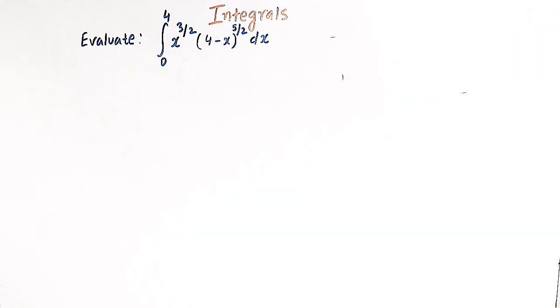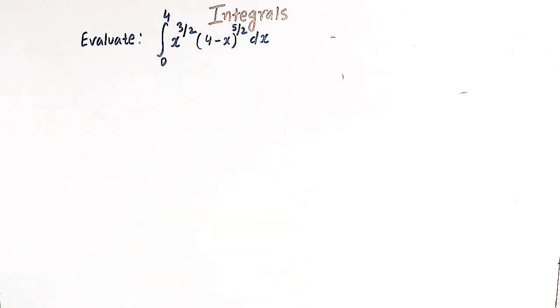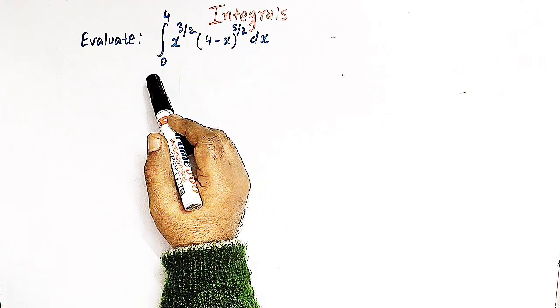Hello viewers, in today's session we are going to discuss another important problem from integrals, and we are going to find the value of this definite integral using the concept of beta and gamma functions. So here we'll see the application of beta and gamma functions to evaluate this integral.